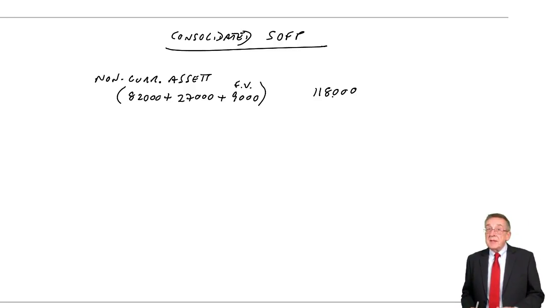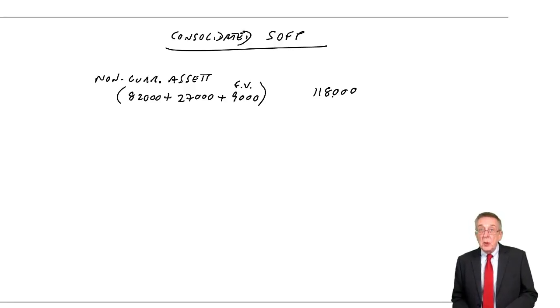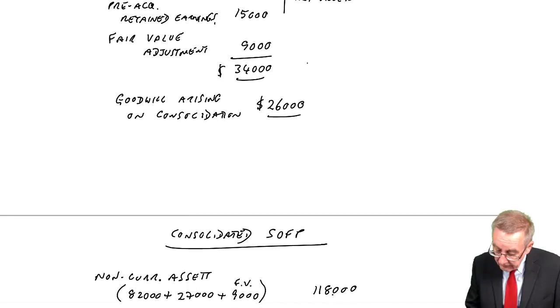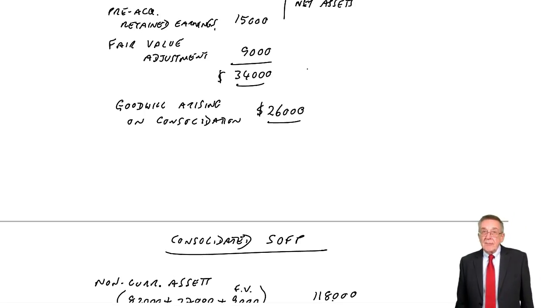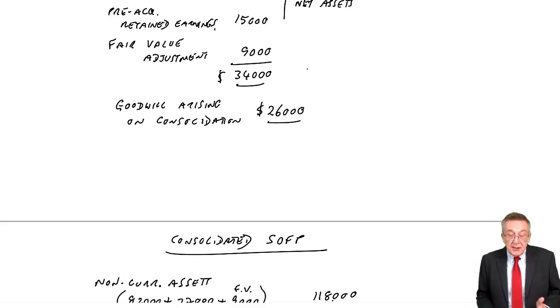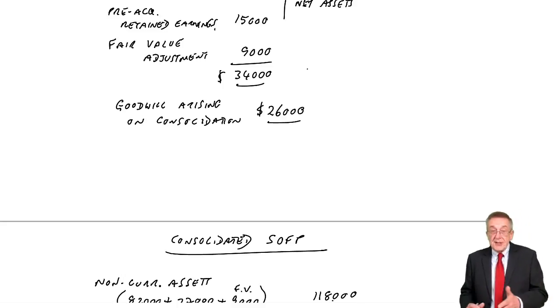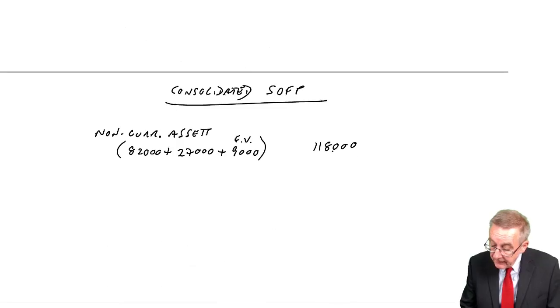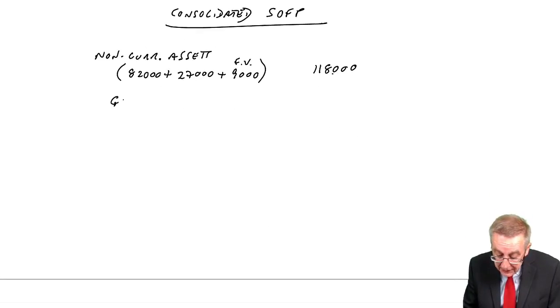However, when we come to consolidate, a new asset has appeared. This goodwill. We paid the extra 26,000. It's an asset which didn't appear in the statements of either company. But when we come to consolidate, we do show this goodwill. Goodwill arising on consolidation.